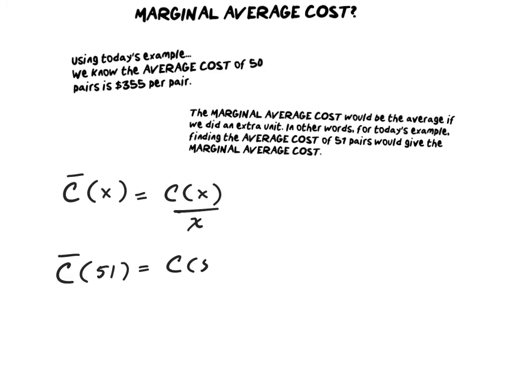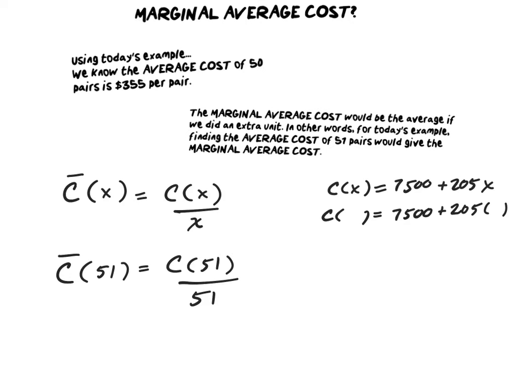As you can see here, my input is now 51 pairs, and I will be dividing by 51. So let's calculate the cost of 51 pairs. I have entered my number of pairs, and now I will start evaluating. So we have $7,500 plus 10,455. That gives us a total of $17,955.